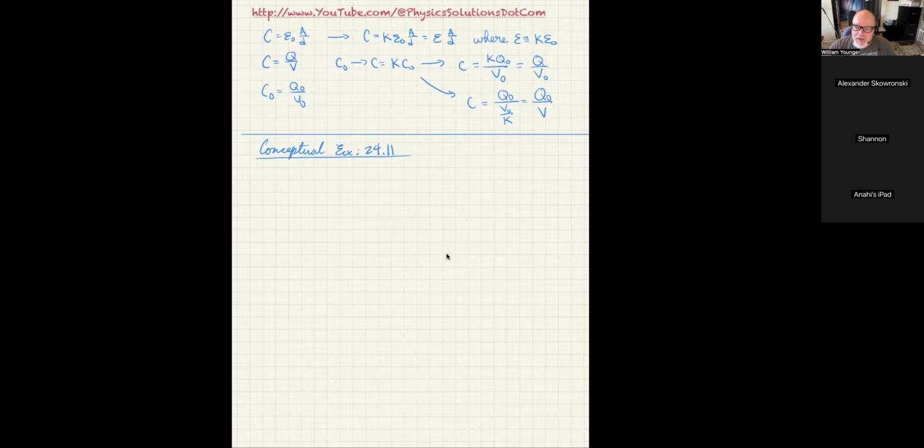Specifically, it's very important to understand that when you leave a capacitor connected to a battery, you've locked the voltage down to whatever the voltage of the battery is. And you have made it free for the charge to move back and forth between the battery and the capacitor.